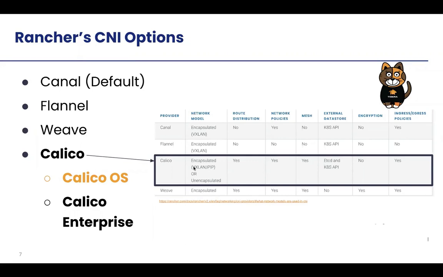So starting off with the networking model, which is critical as you're building your cluster, it's important to understand what the requirements are for how you plan to have the pods network with each other. Is it going to be running within your on-prem data center or cloud or a hybrid of those? That can help you decide which network model you need the CNI to provide.